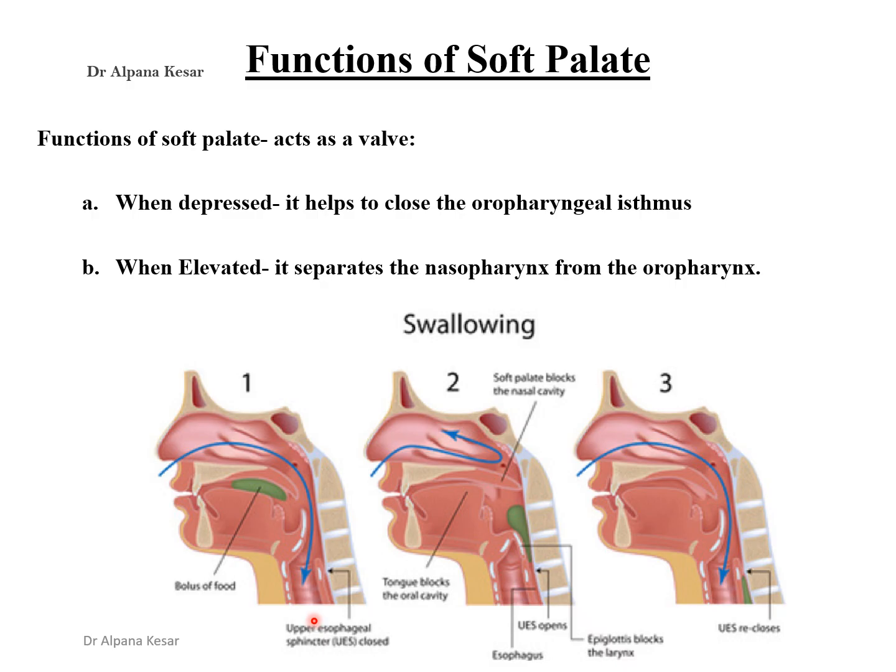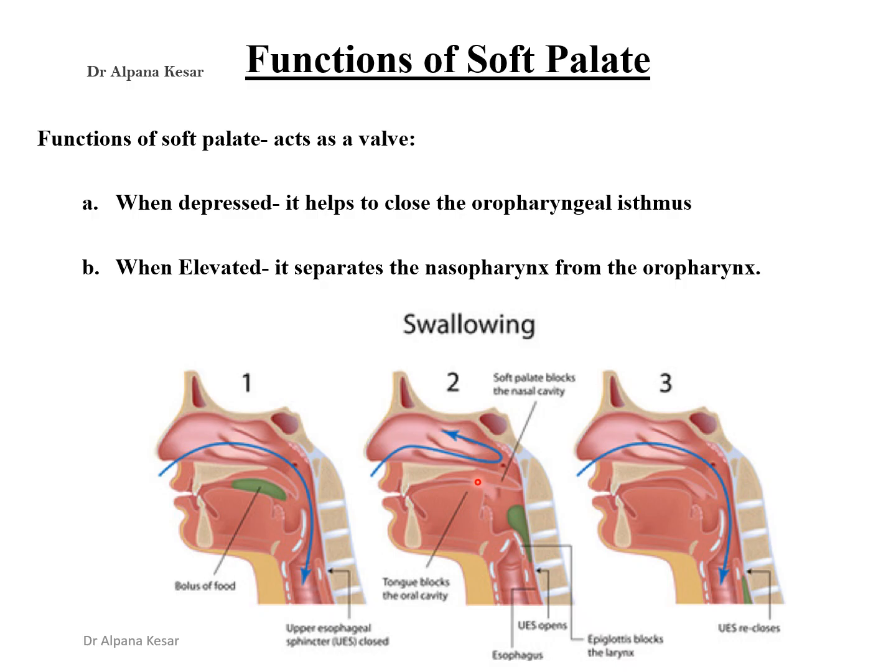However, at the time of swallowing of food, as in this case, the soft palate gets elevated and it shuts off nasopharynx from the oropharynx. This prevents the bolus of food from entering the nasopharynx and then going into the nasal cavity, thus obstructing the respiratory passage.